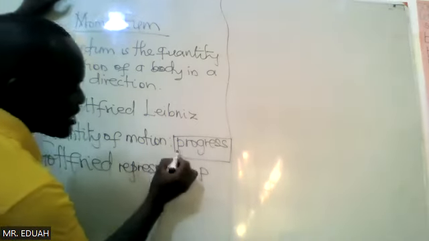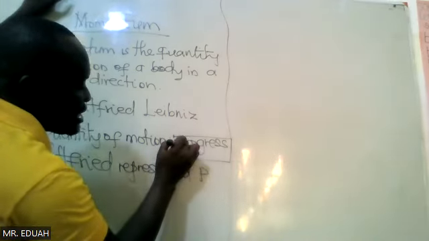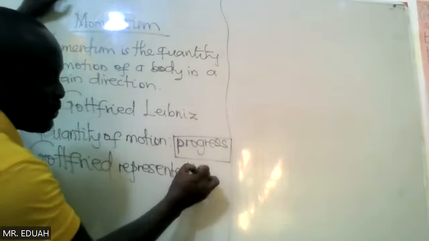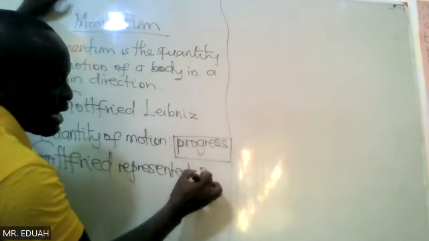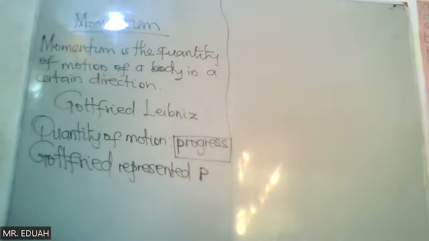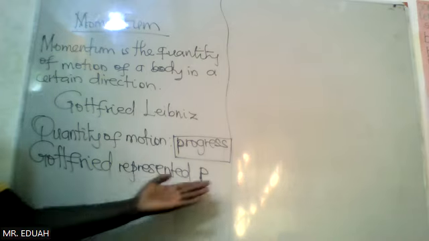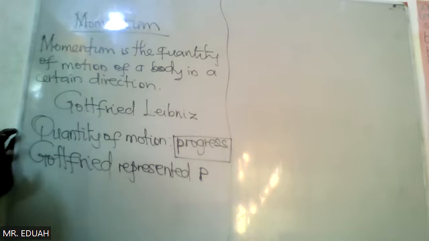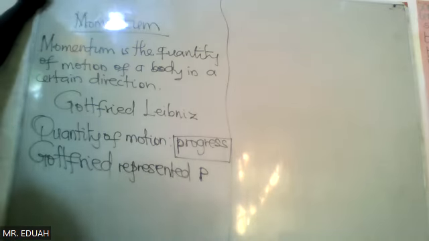It is because of how he termed the quantity of motion as progress. So in physics and mathematics, momentum is represented by small letter p because he initially termed this quantity of motion as progress. That's the history behind momentum.